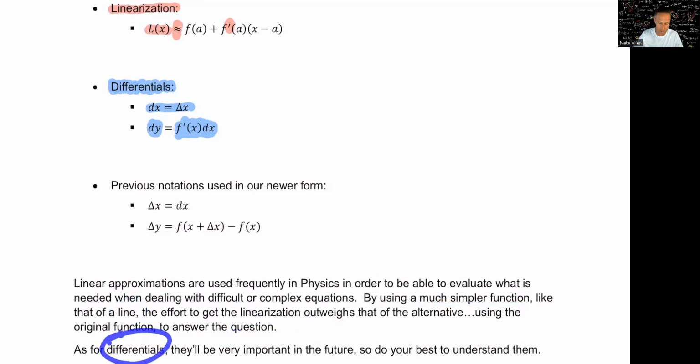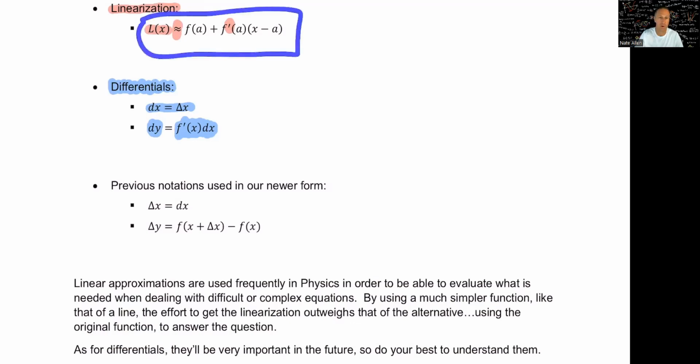As for the differentials, those are the things that we will be talking about, discussing, and utilizing more in the future. So not so much now, but this, hopefully you recognize, is nothing new. It's just what we will be applying or using this for, will be.